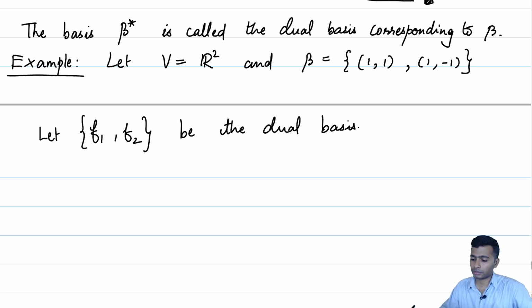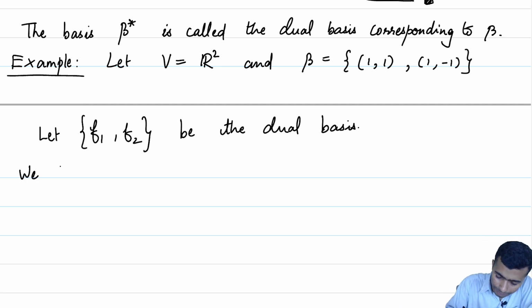Right. So, what we know is that F1 of (1, 1) is 1 and F1 of (1, -1) is 0. Using this, let us try to see whether we can find out F1 entirely.